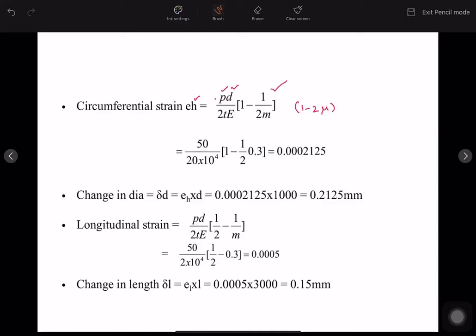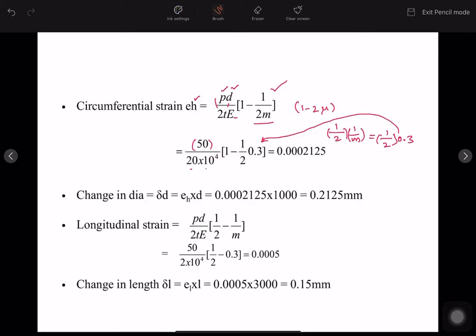So PD by 2TE into 1 minus 1 by 2m, if we substitute these values, we already got PD by 2T as 50. So directly we can substitute that 50 value, and it should be divided by the E value. E is 20 into 10 power 4, into 1 minus 1 by 2m. 1 by m is given as 0.3, as he has mentioned here.